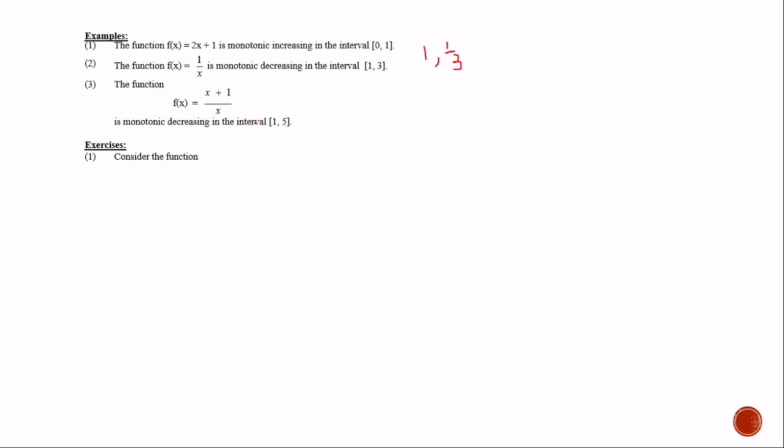That shows whether it's monotonic decreasing or monotonic increasing. So you put the intervals inside to note the difference. When you put 1 inside, you get 2 over 1, which is 2. And when you put 5 inside, you get 5 plus 1, which is 6 over 5. So it will be decreasing. That's why we say it's a monotonic decreasing function.